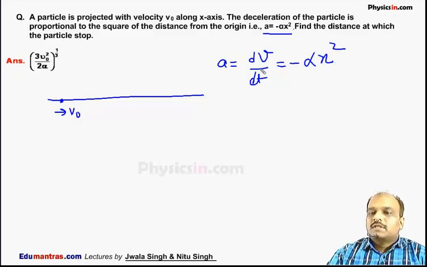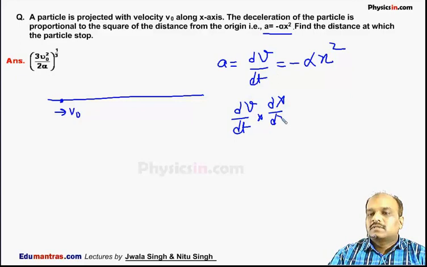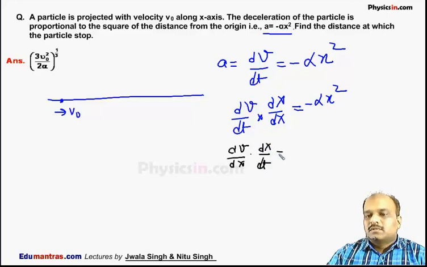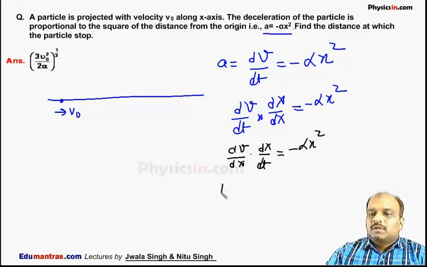Now from here we can say dv by dt multiplied by dx by dx is equal to minus alpha x squared. In place of dv by dt I can write dv by dx multiplied by dx by dt, which equals minus alpha x squared. Now dx by dt can be written as v at an instant, so v dv by dx is equal to minus alpha x squared.